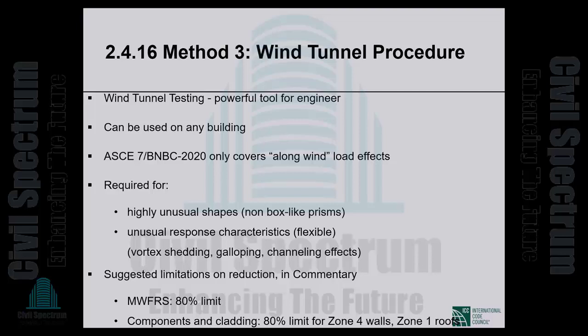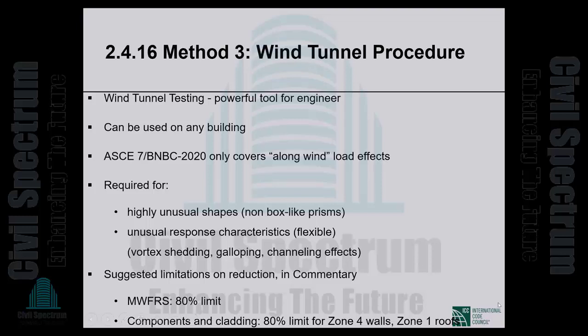And in one of the slides, we tell you why wind tunnel test pressures come out to be lower than the ASC 7 pressures. But that is a huge motivation for doing wind tunnel testing.